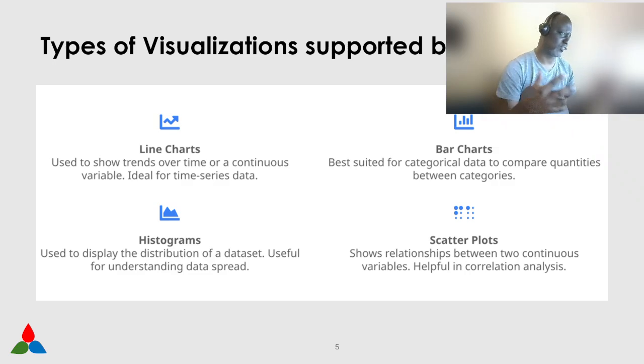When we talk of time series data, we're talking about data that are time bound. Temperature is time series because every minute, every second, temperature changes. That is the atmospheric temperature, even the body temperature, temperature generally. It's assumed to be changing at all times. So that is time series data.